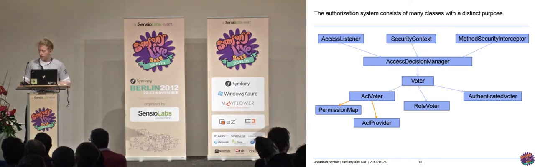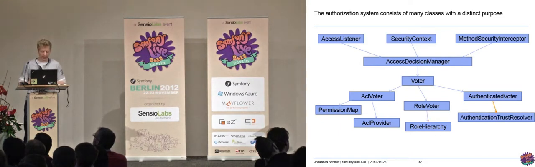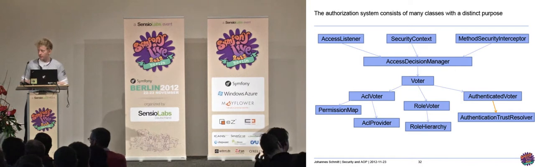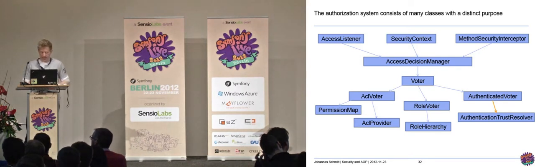The role voter optionally uses the role hierarchy, where you can basically let a user inherit certain other roles. And the authenticated voter uses the authentication trust resolver, which basically knows into which authentication trust group a user belongs, so anonymous, remember me, or fully authenticated.